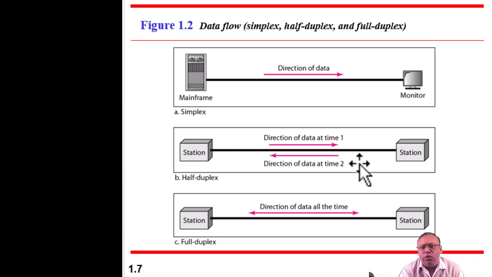Now when you want to transfer data in both directions simultaneously, then it is known as full duplex. These are like highways, where data will move in both directions on the same road. So this is the data flow.